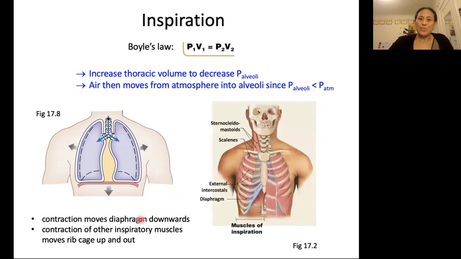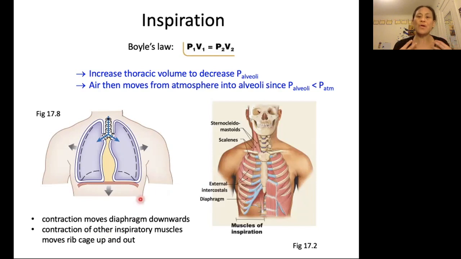One thing we do is we contract our diaphragm. The diaphragm, again, is at the bottom of the thoracic cavity. When we contract it, it moves downwards. And as you can imagine, as we move our diaphragm downwards, that's going to increase the volume in our thoracic cavity. The other thing we do is that we contract our inspiratory muscles.